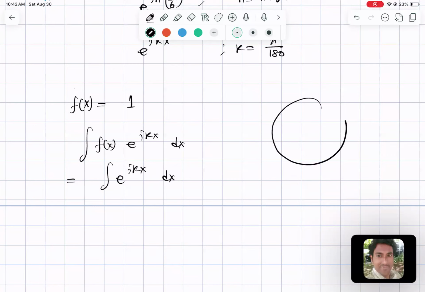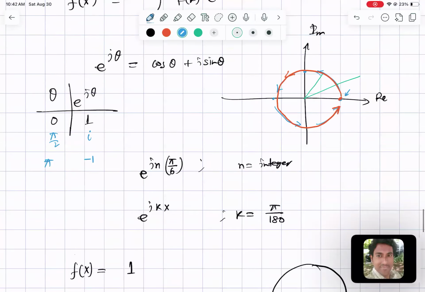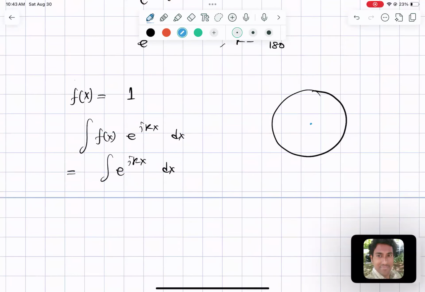So if you have a circle and you add up all these vectors, because at each point, this point will have a real and imaginary component, and we can imagine that it's a vector pointing in this direction. In any point on the circle, you can just draw a vector pointing outward. So if we sum up e to the power ikx, then basically we are adding up all these vectors pointing outward with equal weight.